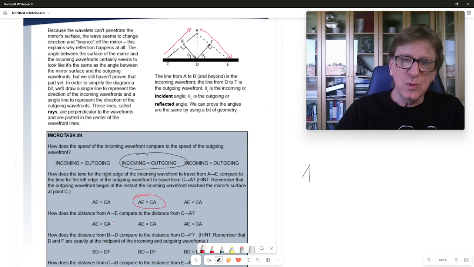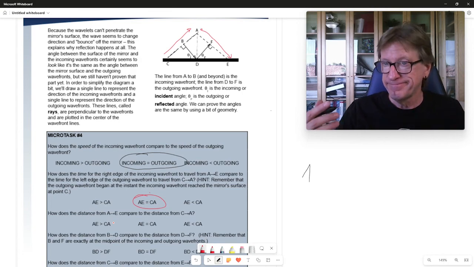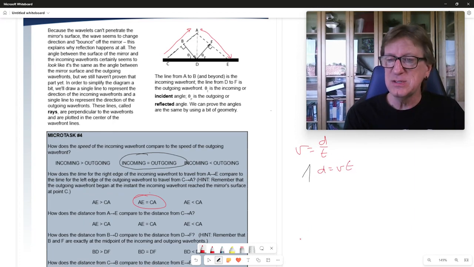Okay, so given that the time is the same and they're moving at the same speed, what can you say about the distance from C to A compared to the distance from A to E? Well, this gets back to what you learned in the very first semester of the class. The velocity is the distance divided by time. So the distance is just going to be the velocity times time. If these two things are the same, well, then the distance has to be the same as well.